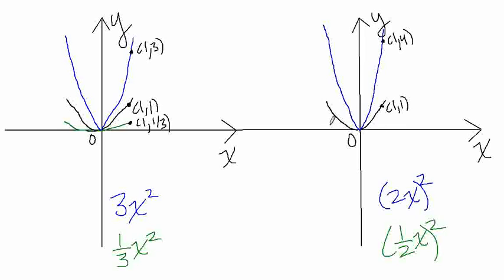The graph's going to look something like this. That graph's going to go through the point 1, comma 1/4. So we have vertical stretches and compressions, and we also have horizontal stretches and compressions.